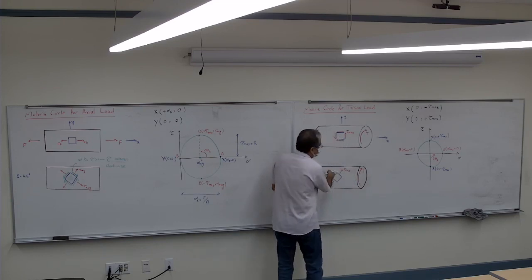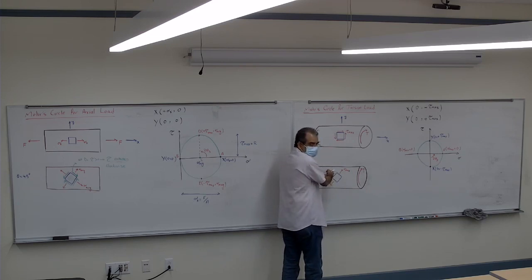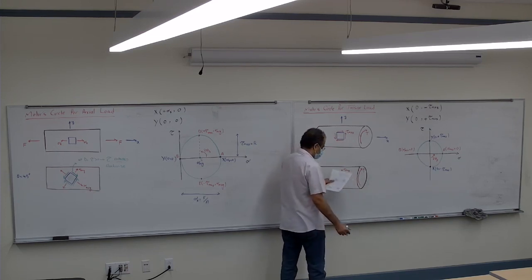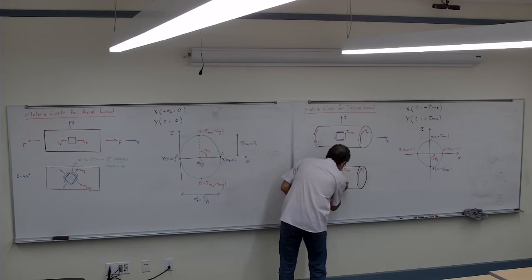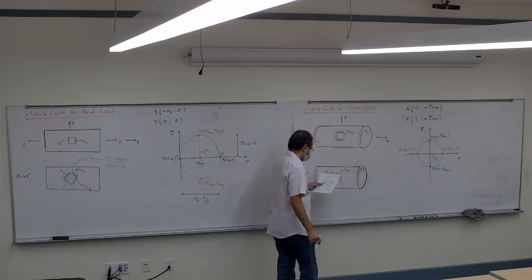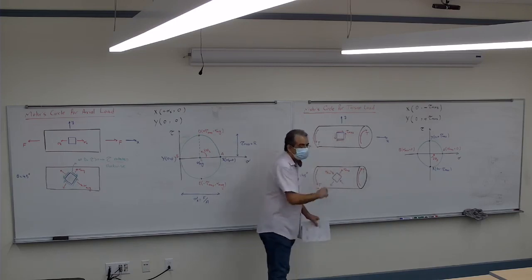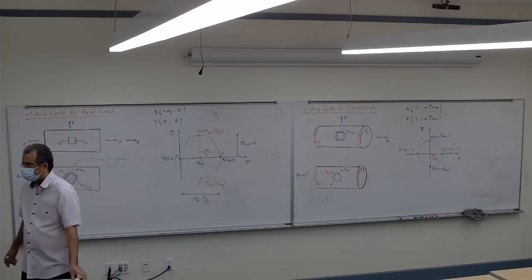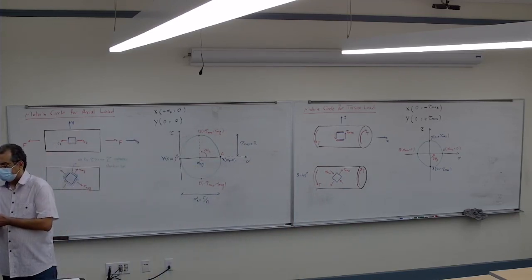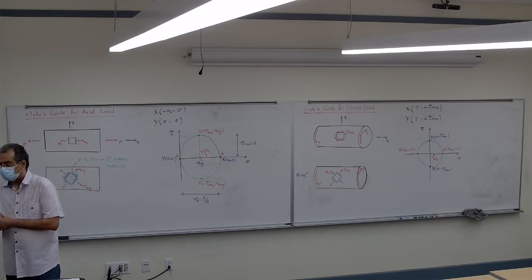What about the other face? Sigma min. So it becomes the sigma min. How much is the tau? The tau now becomes 0.